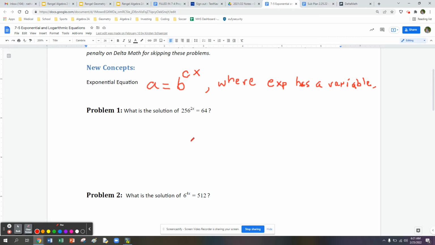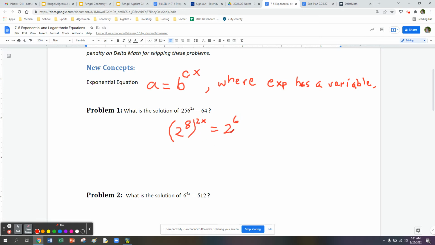If I used a base of 2, the 256 I could rewrite as 2 to the 8th power, and the 64 I could rewrite as 2 to the 6th power. So instead of 256 to the 2x, I'm going to have 2 to the 8th to the 2x, and 64 becomes 2 to the 6th power.